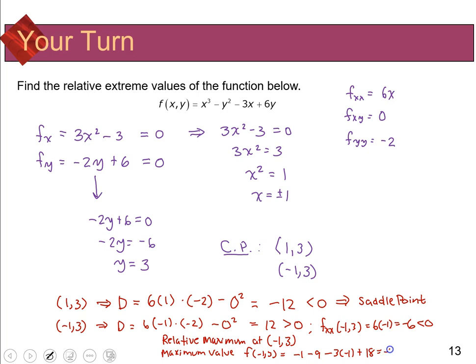So I have negative 10 plus 21, which gives me an 11. So the maximum value of the function is 11. That occurs when my ordered pair is (negative 1, 3). So it's a relative maximum. And at (1, 3), I have a saddle point.